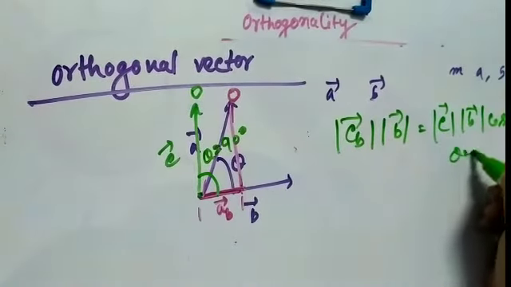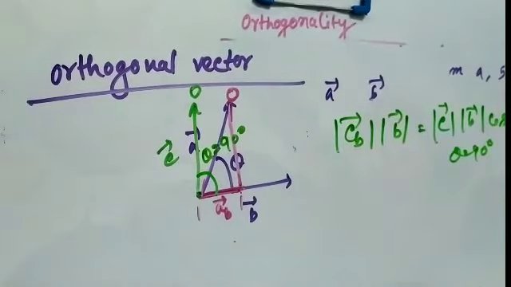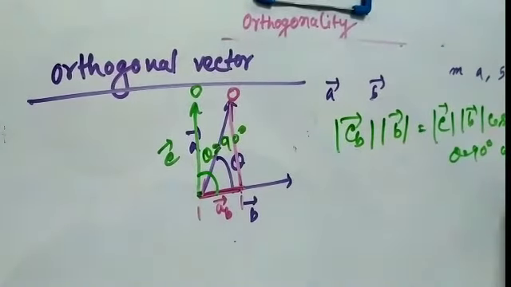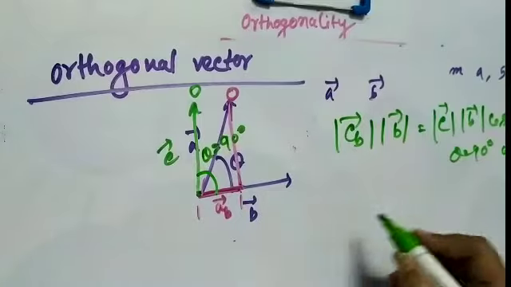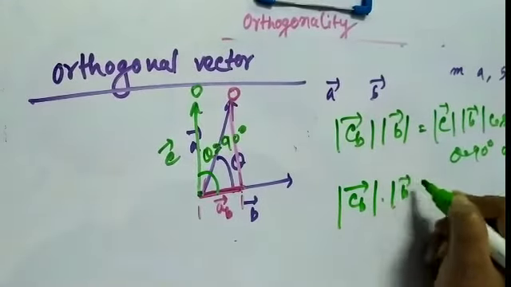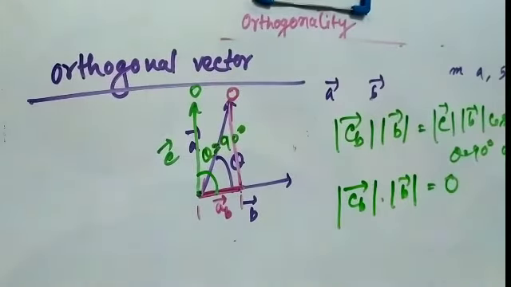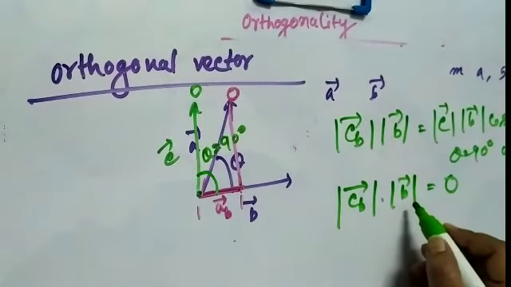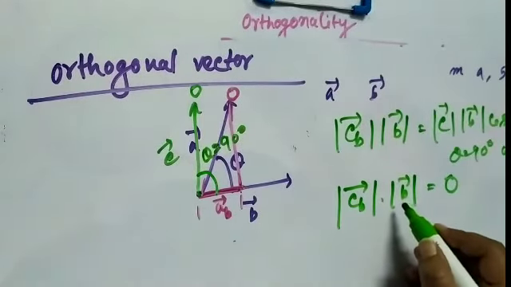And here the theta value is equal to 90 degrees. And you already know that cos 90 degrees is equal to 0. Therefore, this dot product will create a value 0. And in this case, we can say vector CB and vector B are independent of each other and they will not interfere this way.